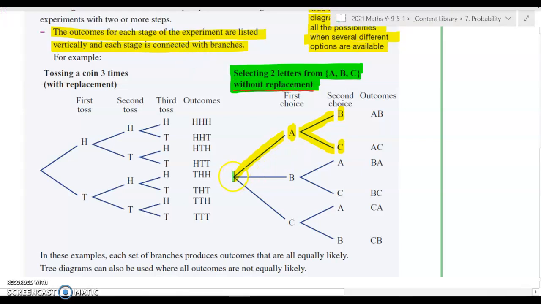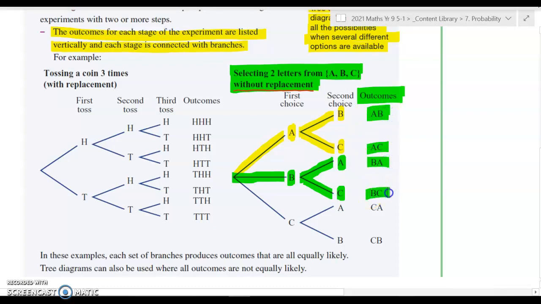You can see similarly here, if my first choice was B, there is no option for B the second time round. In this final column, we've got a list of all the possible outcomes. So we can either get AB, AC, BA, BC, CA and CB.